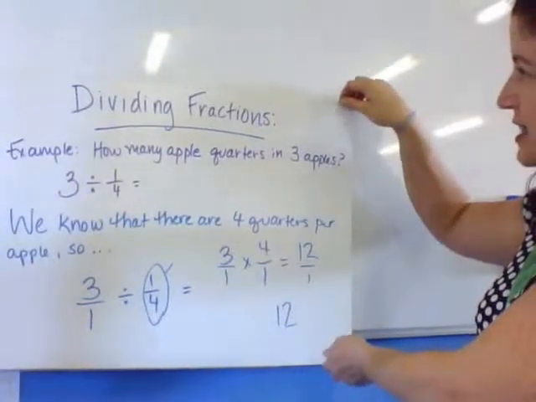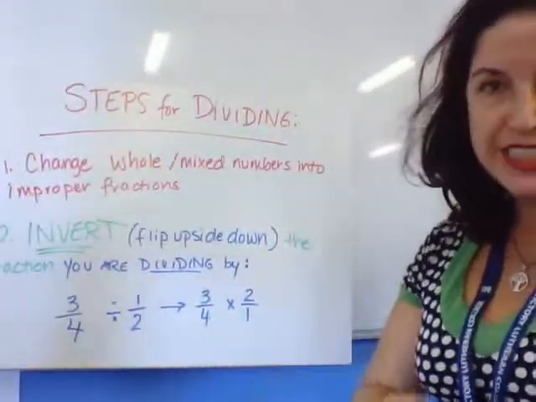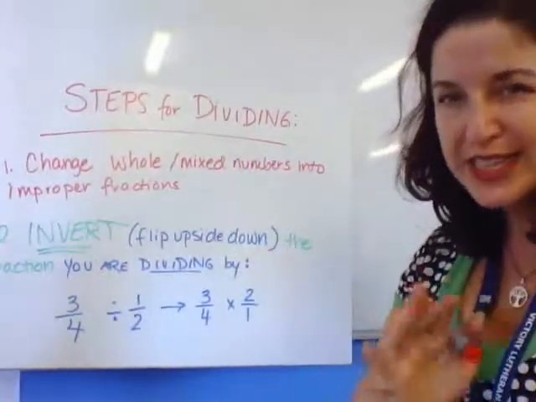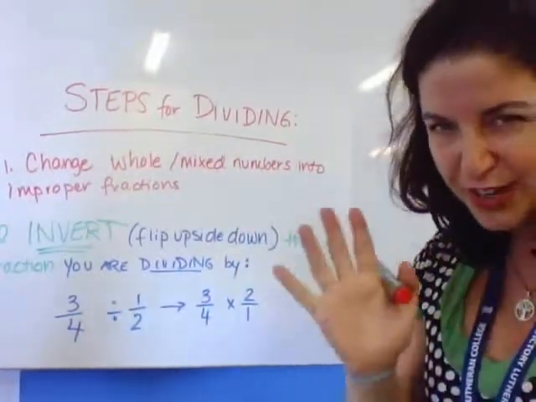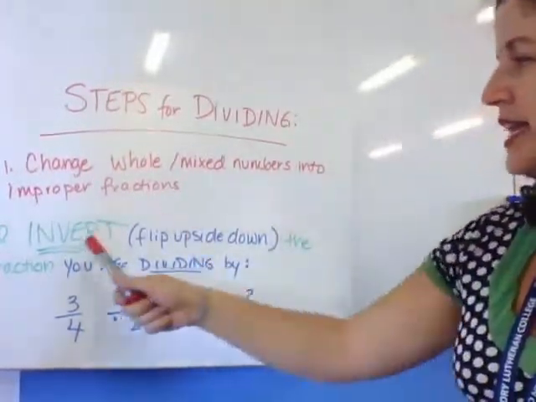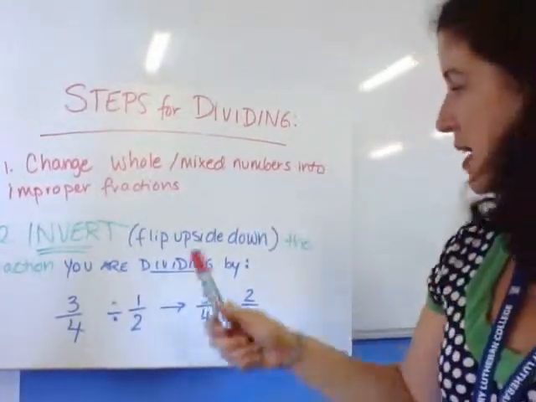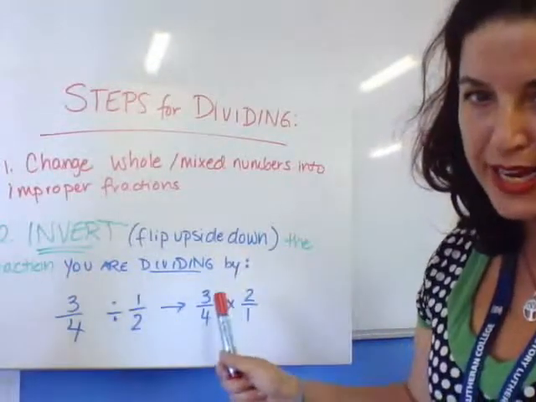So let's look at the steps for dividing. First step, just like in multiplication, change any whole or mixed number fractions into improper fractions. So you've just got a plain old fraction to work with. Then invert. Invert is a fancy way of saying flip upside down. But you're only inverting the fraction you are dividing by.